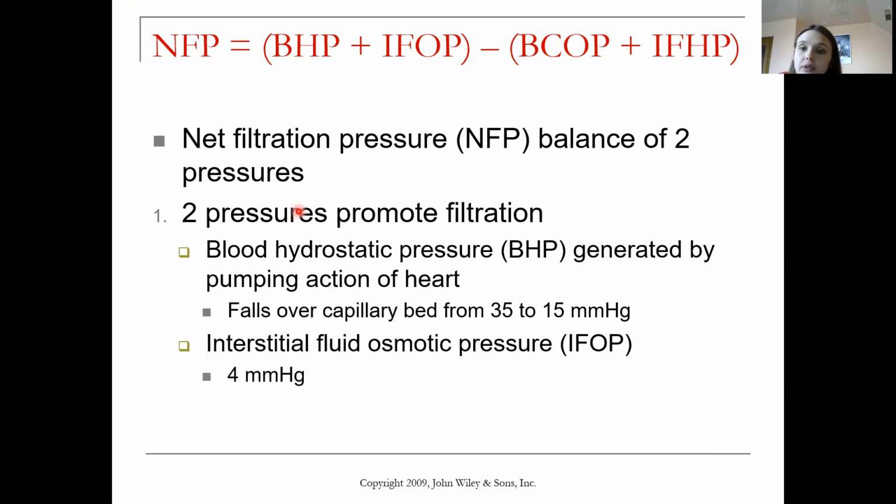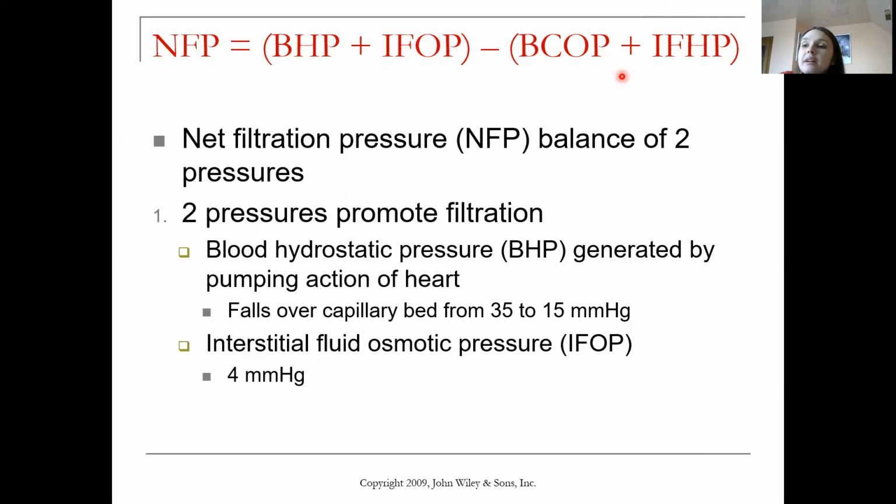To discuss this filtration and reabsorption, we need the equation called net filtration pressure, which is based on the balance of two pressures. The first is blood hydrostatic pressure, which could be different. For instance, at the beginning it could be 35 millimeters of mercury, and at the end about 15 millimeters of mercury. Then we add the interstitial fluid osmotic pressure, whose average value is 4 millimeters of mercury.